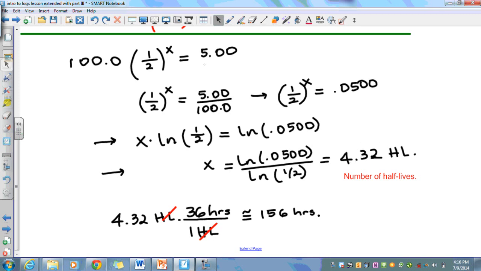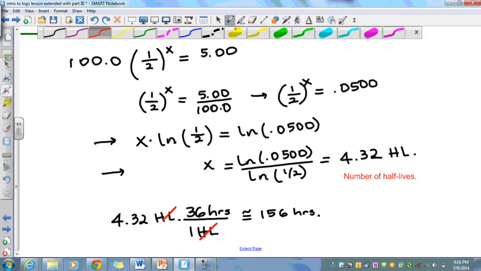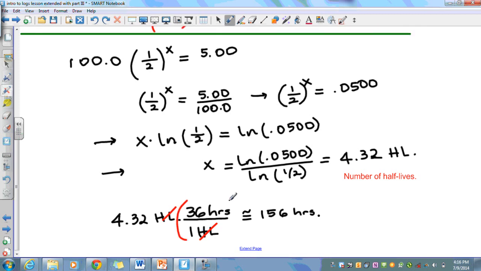Or using the conversion factor method, 4.32 half-lives multiplied by 36 hours divided by 1 half-life. Since 1 half-life was given to be 36 hours, we can write that factor here and cancel the half-life units, and you will be left with the hours, or 156 hours.